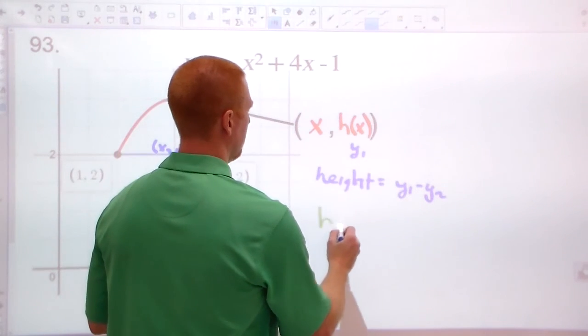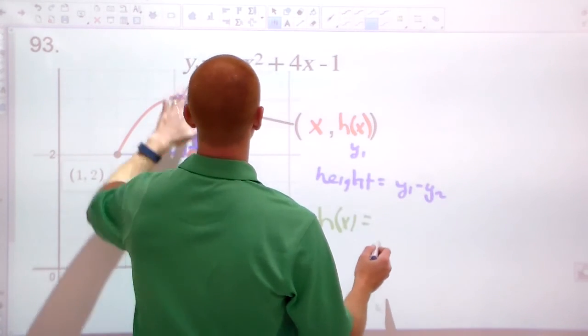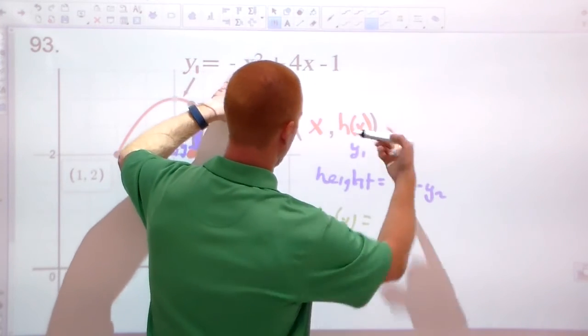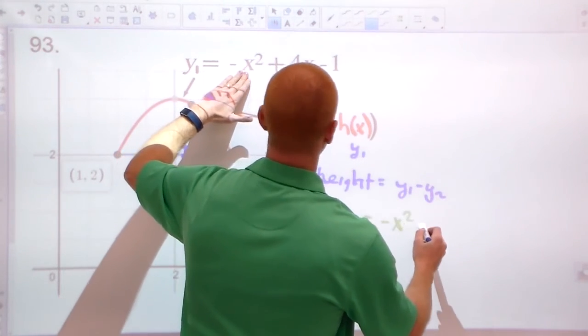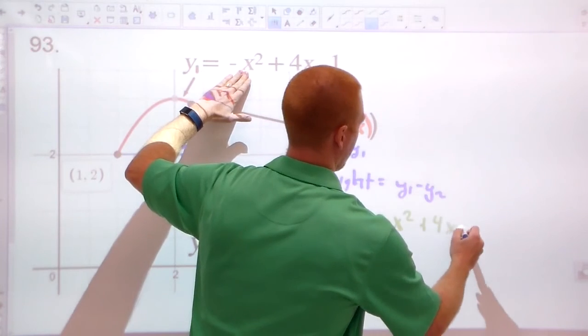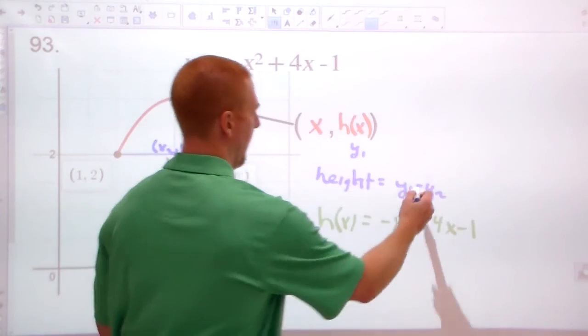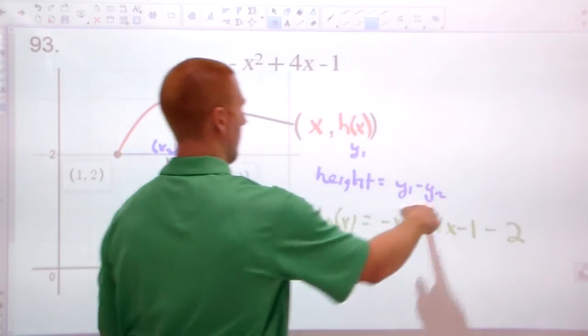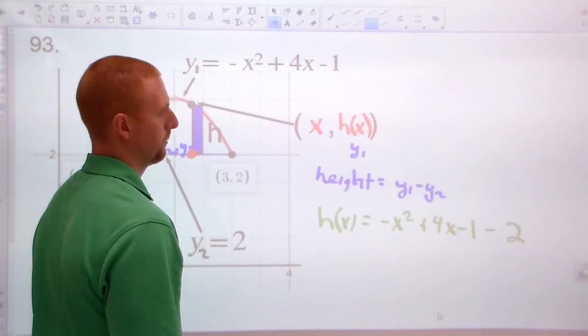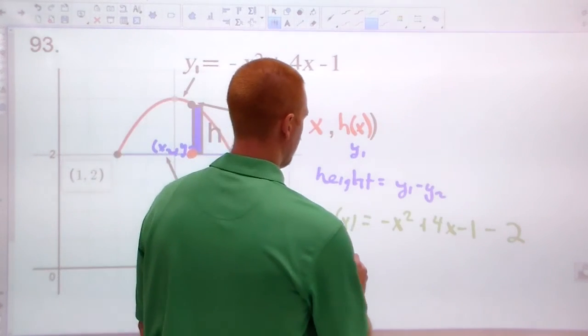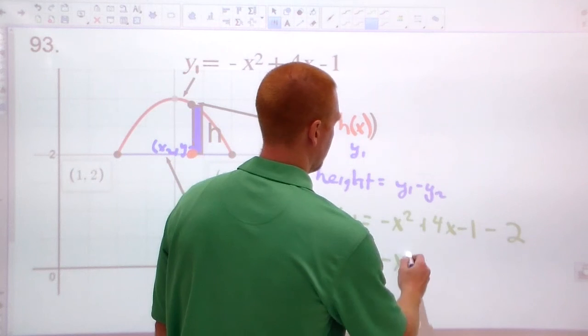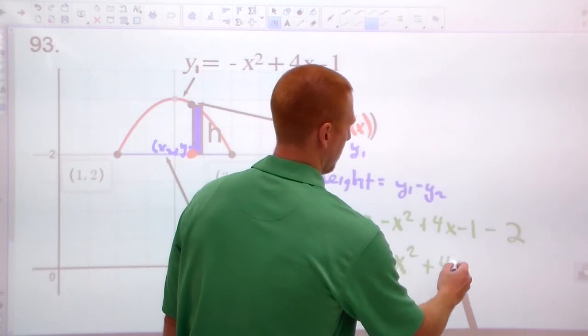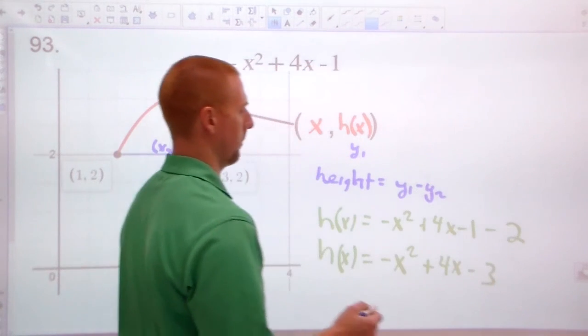So your height function is going to be, again, y1, plug it in, negative x squared plus 4x minus 1 minus your other function, which is just 2. And put those two ideas together, simplify what you can, and we're going to get negative x squared plus 4x minus 3.